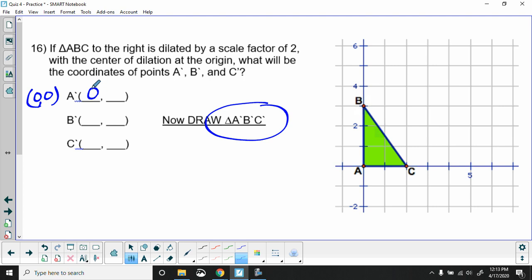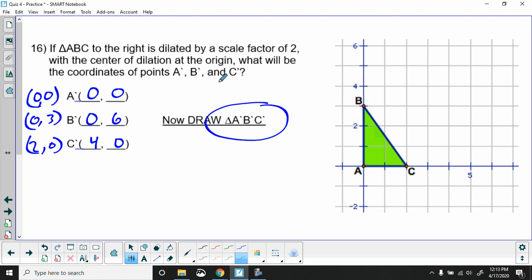So times that by 2, that's still 0, and 2 times 3 is 6. And then C is going to be 2, 0. Alright, times 2, and we have 4, 0. Wonderful. Plot your points, because now they want you to draw it. Here's A prime. And B prime is going to be way up here to 6.